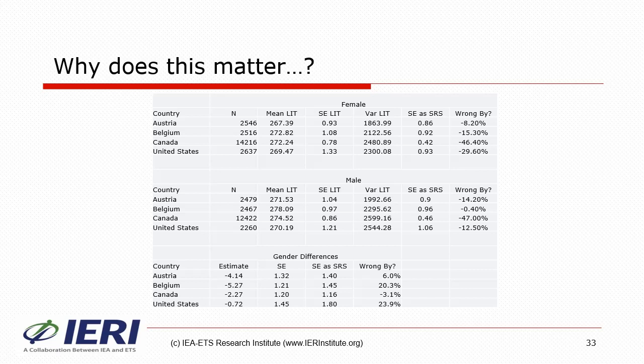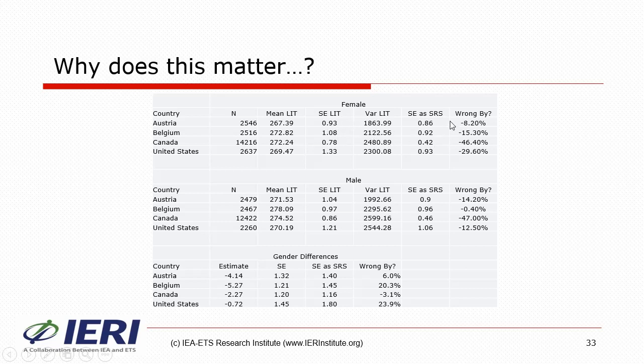And as we see in this table, doing the right calculations matters. Here we have the results for females and males across 4 different countries. And then here we have the standard error assuming simple random sample. And this is the standard error taking into account the assessment and the sample design.